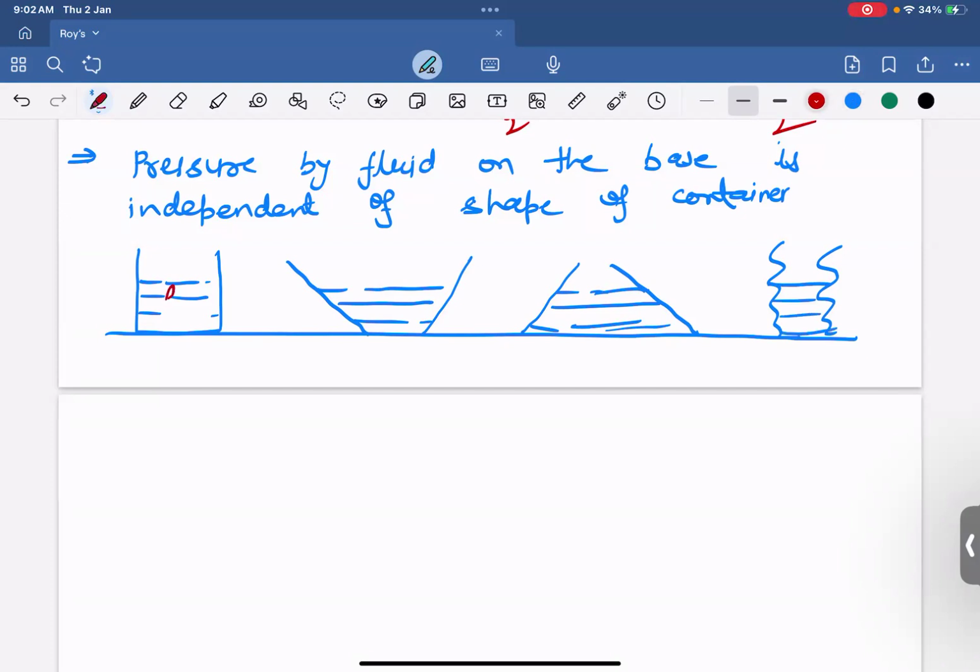So if this is rho and this height is h, the pressure at A, pressure at B, pressure at C, pressure at D are all going to be equal. Pressure at A equals pressure at B equals pressure at C equals pressure at D, and that is equal to rho G H. Understood, Neil? Yes, sir. So it does not depend upon the shape of the container. Please write this also.